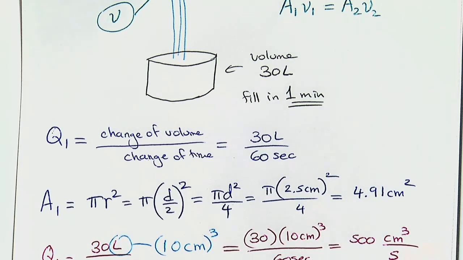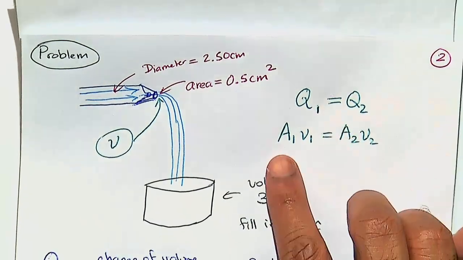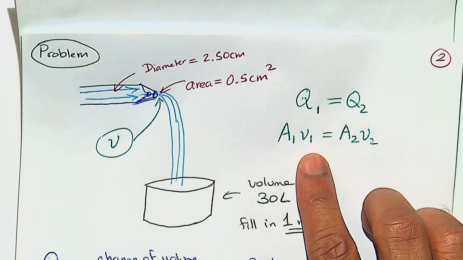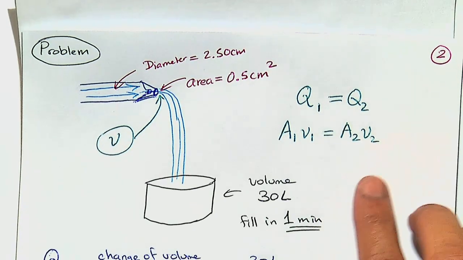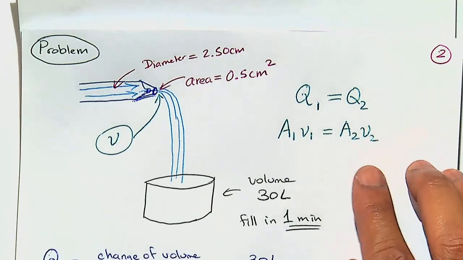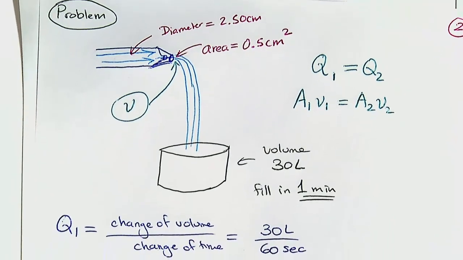Because Q1 is equal to area 1 times velocity 1. So if we're trying to solve for velocity 2, if you take Q1 divided by area 2, that should be the same, right?